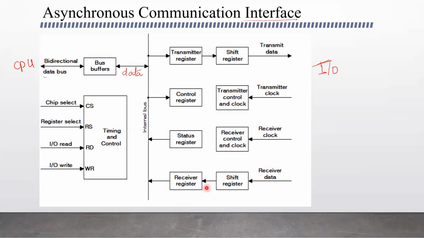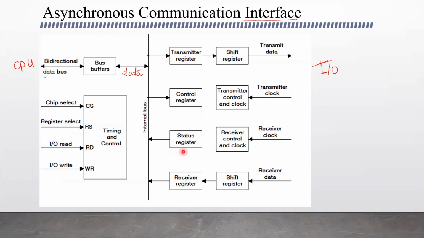So the character bits are taken from the data, and the shift register transmits the actual data, removing the start and stop bits, to the receiver register. Once the data is available, the status flag that indicates the status of the receiver register will be set to 1.